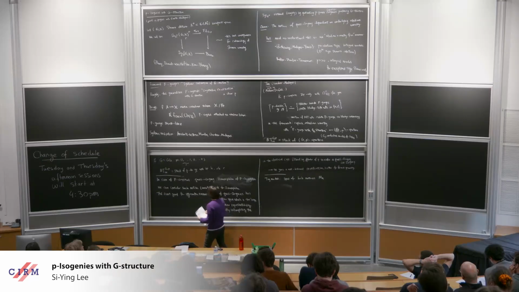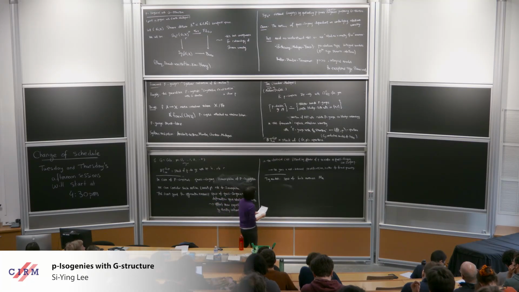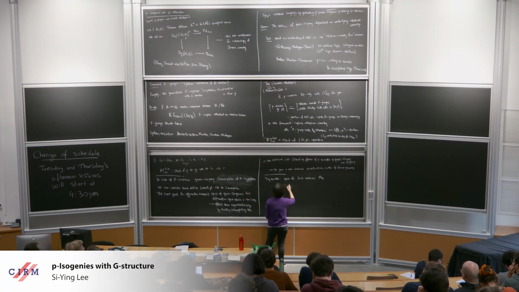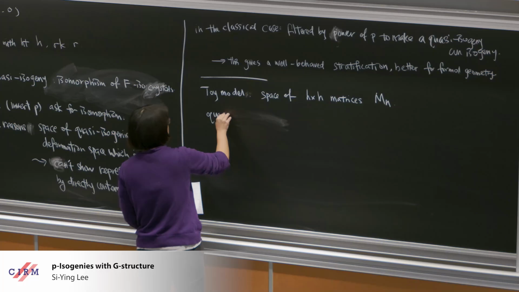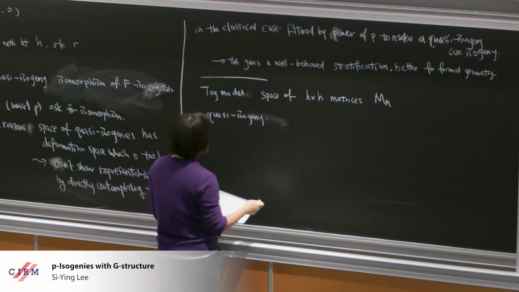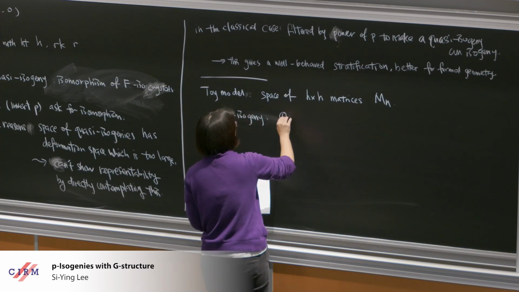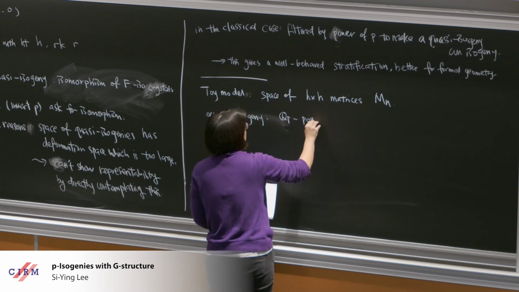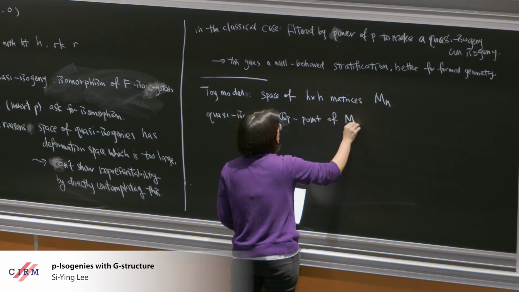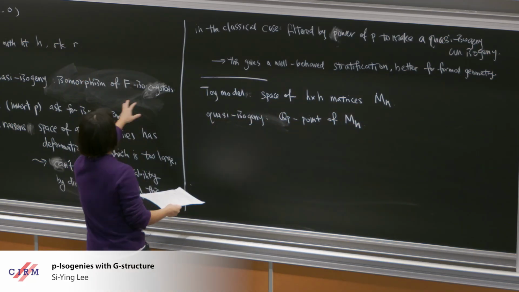And what's happening here is that when we think of a quasi-isogeny, on the generic fiber, I'm looking for a QP point of this MH, which I want to be an isomorphism after you invert P.